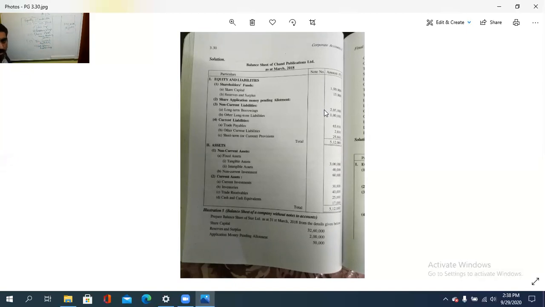Long-term borrowings, how much is it? 2,05,000. Then other long-term liability, it is 1 lakh. Okay.